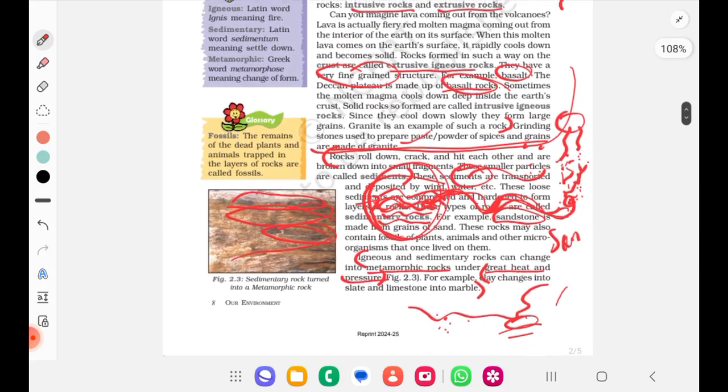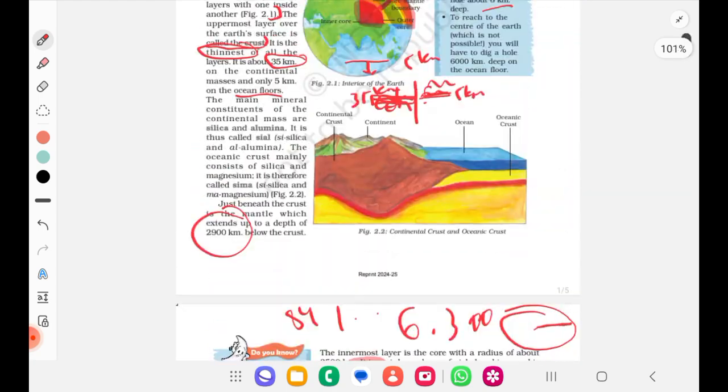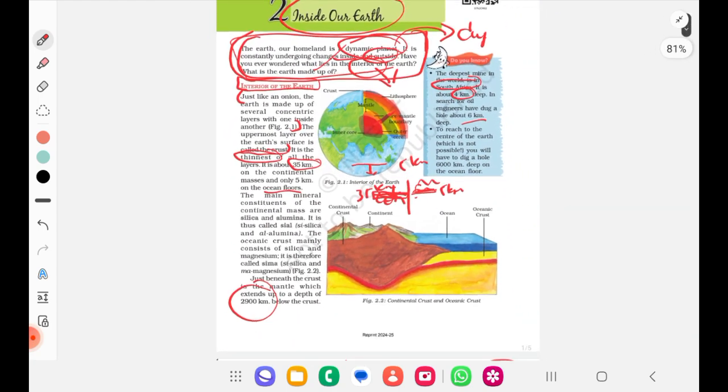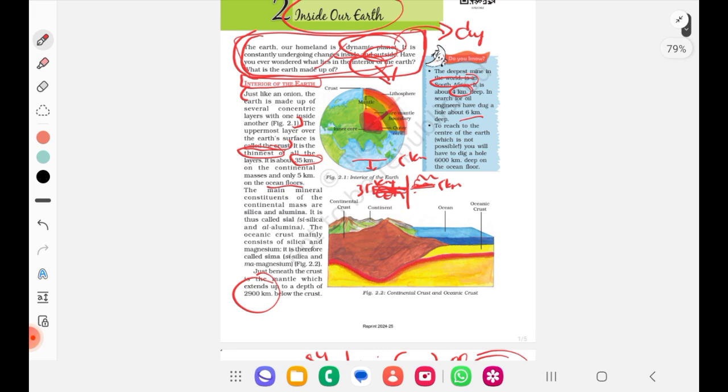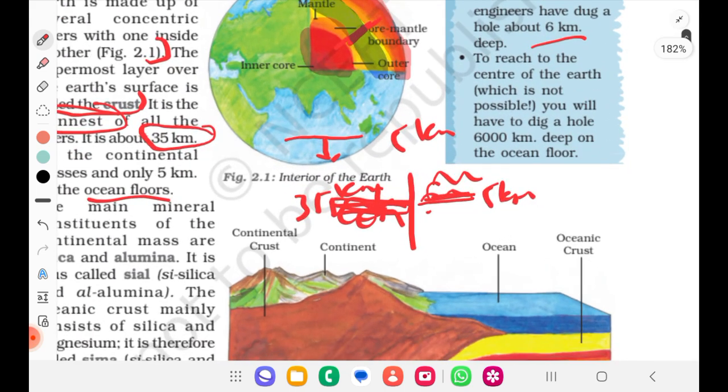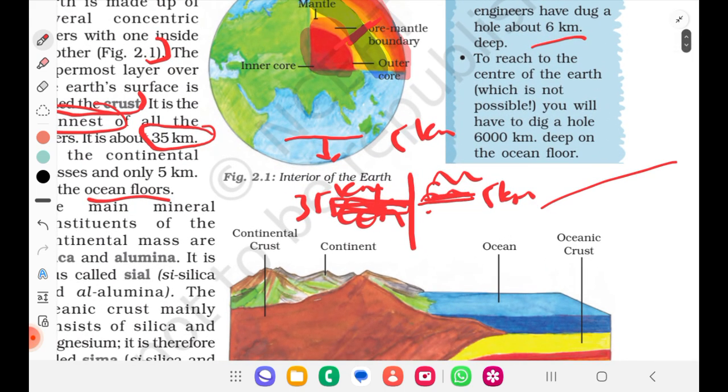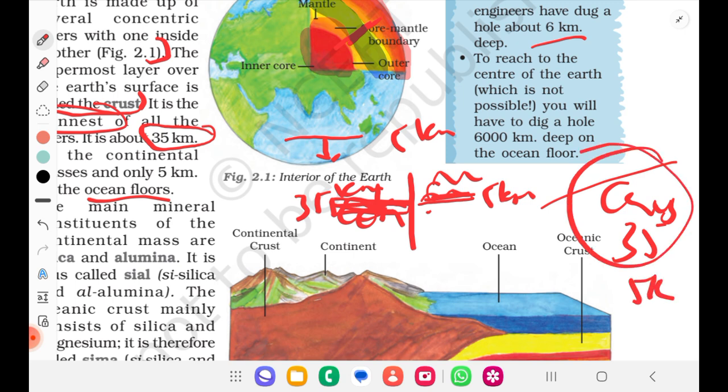So yes, I'll just summarize. Inside the earth, we just read there are 3 different layers, and their composition along with their depth. Crust is the thinnest layer. It is about 35 km in the continents and 5 km deep in the oceans. It is made up of silica and aluminum.